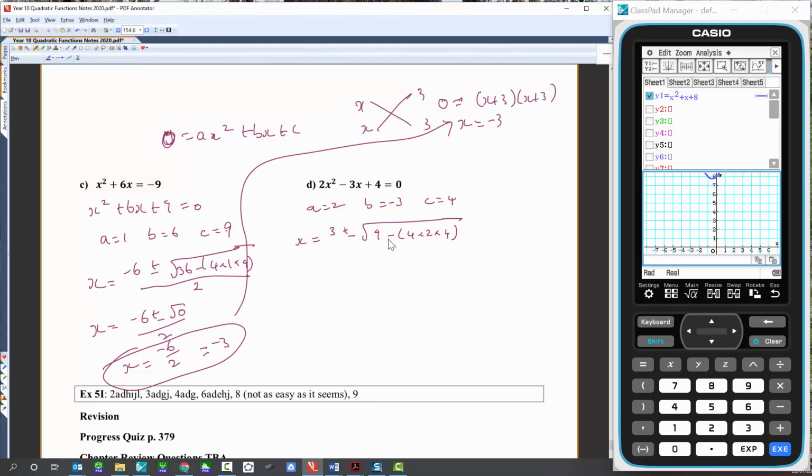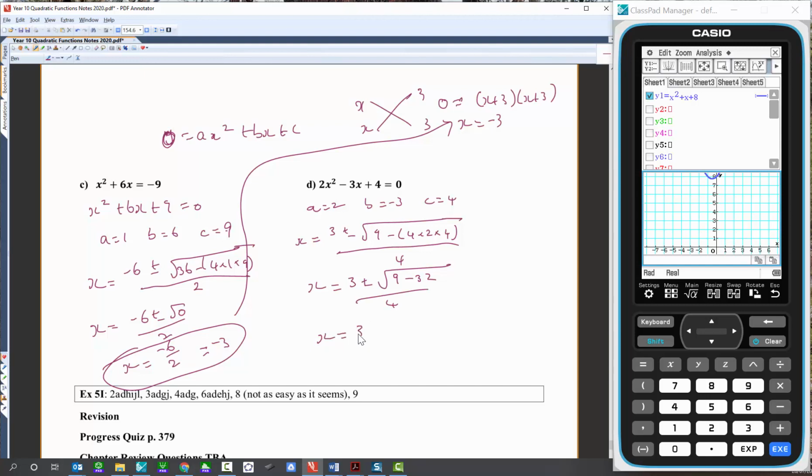Nine take away b squared, take away 4 times the a value times the c value. Okay, all over 2a, which is 4. X is equal to 3 plus or minus 9 take away, so that's 16. 16 times 2 is 32. 9 take away 32.